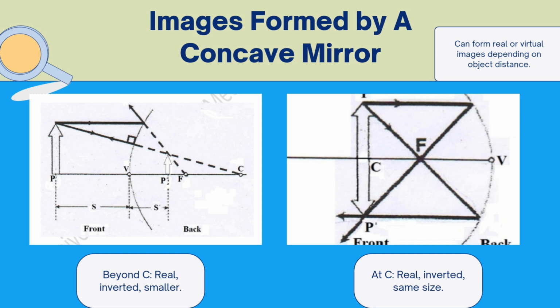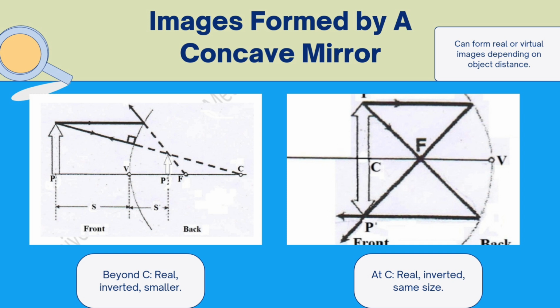As we can see in this slide, the concave mirror curves inward, like the inside of a spoon. The diagram shows that the image changes depending on where the object is placed. When the object is far from the mirror, the image appears smaller and inverted. When the object moves closer, the image becomes larger. But when it's between the focal point and the mirror, the image becomes upright and magnified.